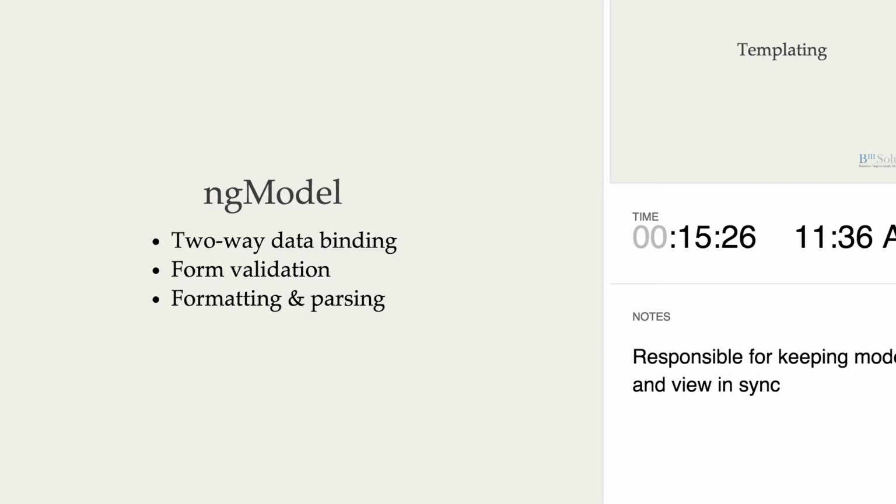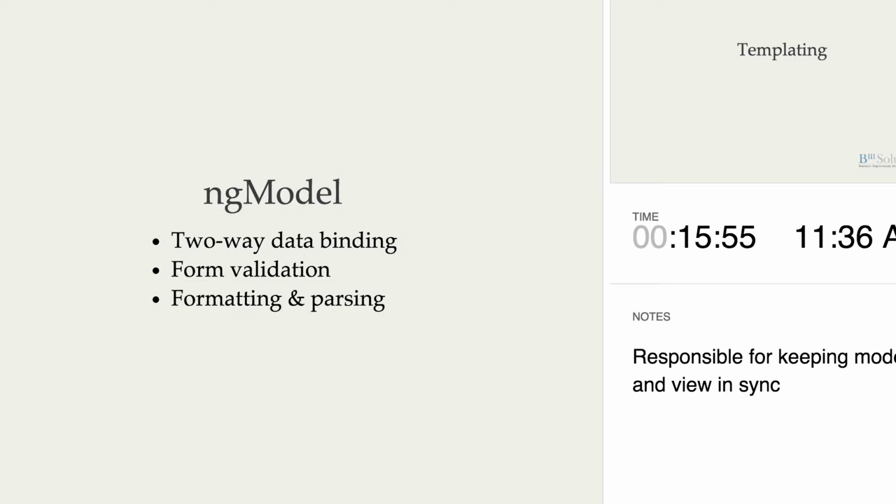All right, so ngModel is a beautiful thing. It's what gives you two-way data binding. It also does other cool stuff like form validation, and implicitly it does formatting and parsing. In reality, anything that is visible on the page in an HTML page is just a string. So if you've got a model which has a date or a number or whatever it may be, there's got to be some process of converting that to a string representation to get it to show on the view.